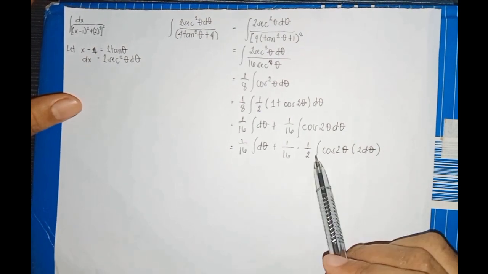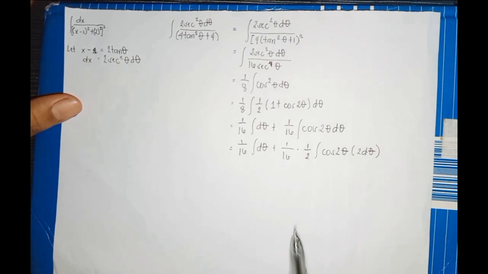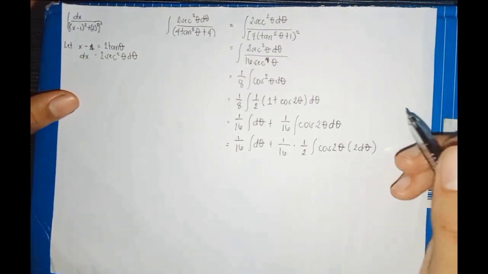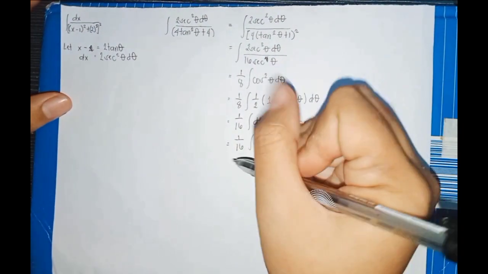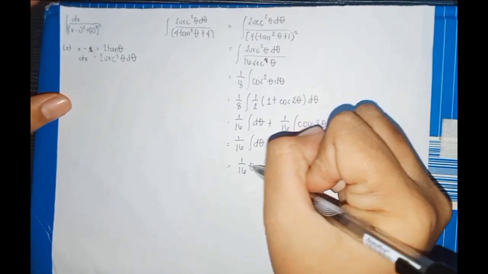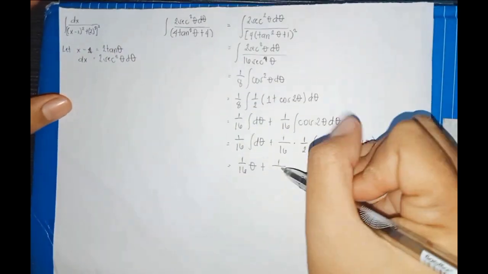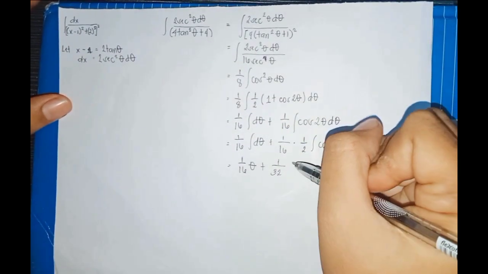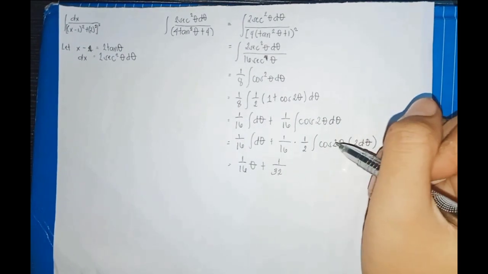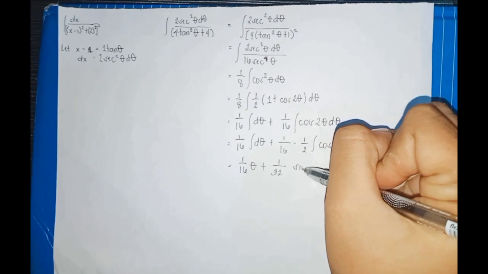So this 1/2 came from here, then cos 2 theta, then times 2 d theta. So it will become 1 over 16 theta plus 1 over 16 times 2 will be 32. So the derivative of cos 2 theta will be sin 2 theta.